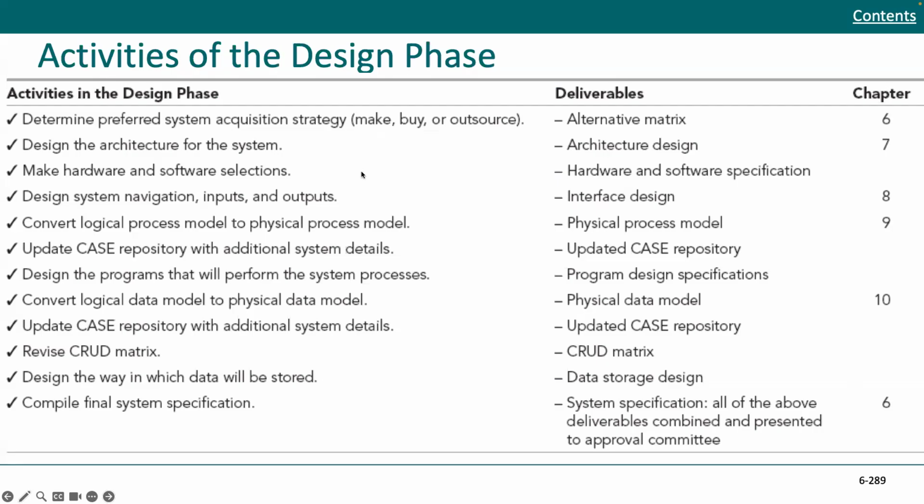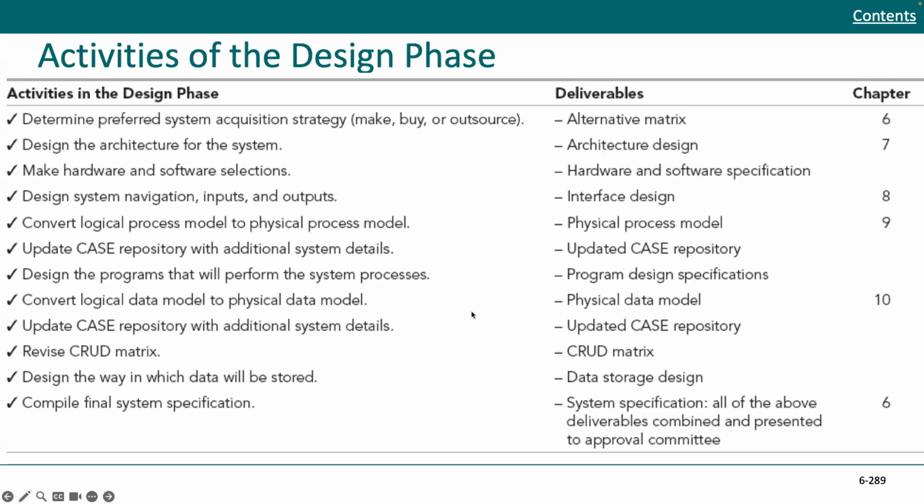We want to design the architecture of the system, make hardware and software selection, design system navigation, inputs and outputs, and convert the logical process model into a physical process model. We're going to update the CASE repository with additional system details. So we utilize our CASE tools some more, but in a different way.